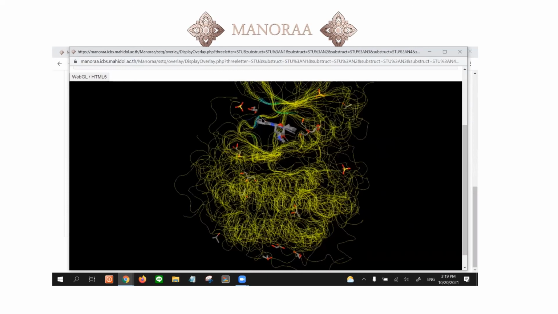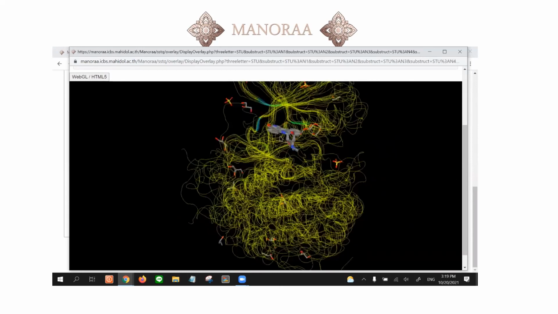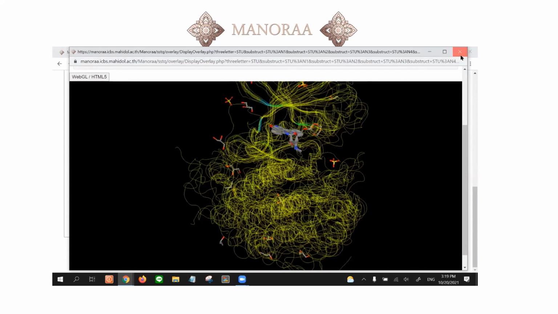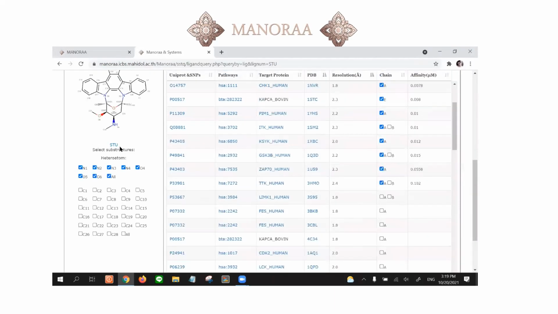So it goes from a spectrum of yellow, green, cyan, and blue. You can see that these atoms are very well superposed, and then you can proceed with this list of atoms.